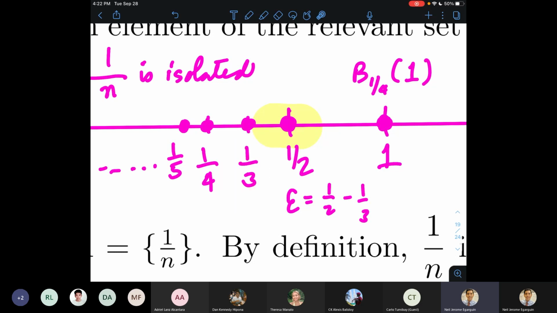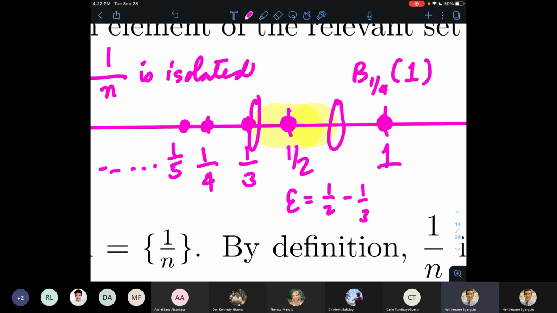So kung yung epsilon na pipiliin ko ay equal dun sa distansya ni 1/2 at saka ni 1/3, ibig sabihin yung open interval na mabubuo ko is something like the one I highlighted here. Hindi siya nag-touch dito kay 1/3, hindi rin siya nag-touch dun sa kanan, kasi ang pinili niya ay yung difference with the nearer neighbor. Okay? So that's the idea.